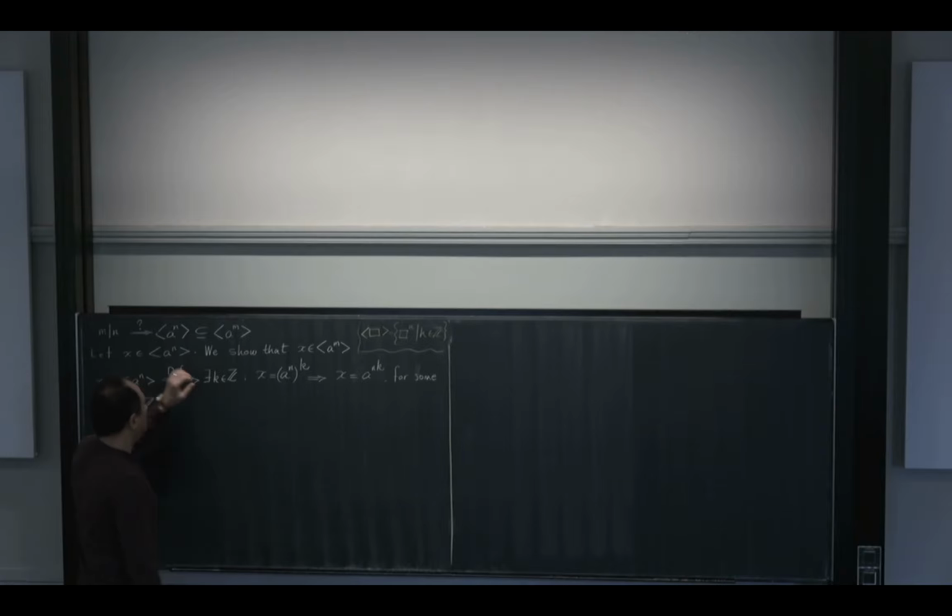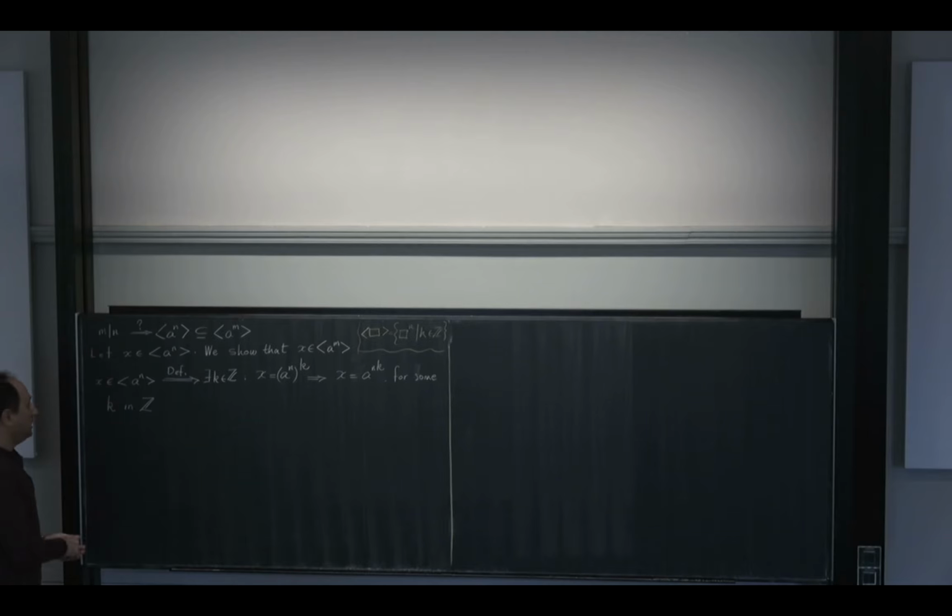But if you look at what you want to do, you want to show that x belongs to the subgroup generated by a to the m, and it means somehow m should be involved in your problem. So far, I don't have m involved. n was the one given from the beginning, and k comes out from the definition. But it has not connected to a to the m yet. And that is understandable because still I haven't used this assumption.